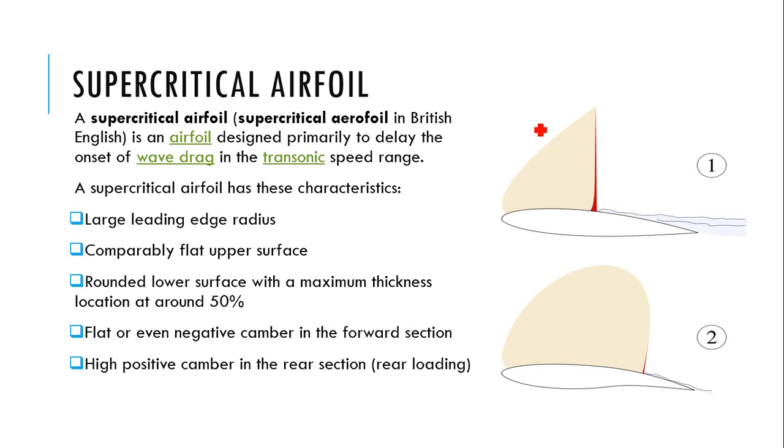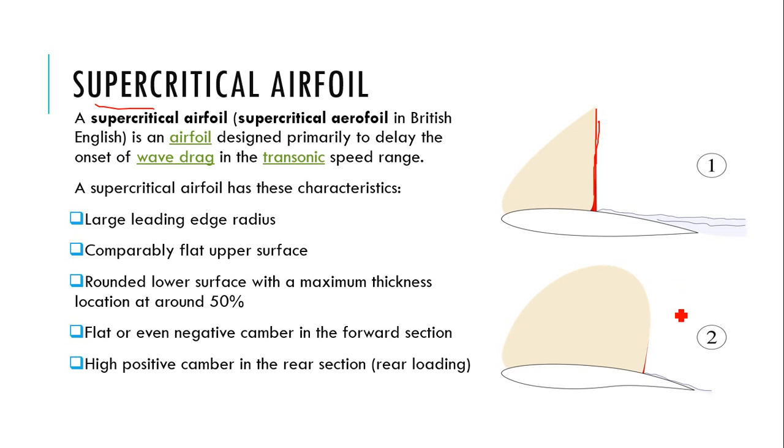Okay, so here we have the supercritical airfoils. With a normal airfoil, if you are using thick airfoils, over some point the shock will be formed like this, and after that we will have separation. Because of this separation, we are getting a large amount of drag. If you are using the supercritical airfoil, we will have a flat surface over the top surface of the airfoil, and a cusped trailing edge.